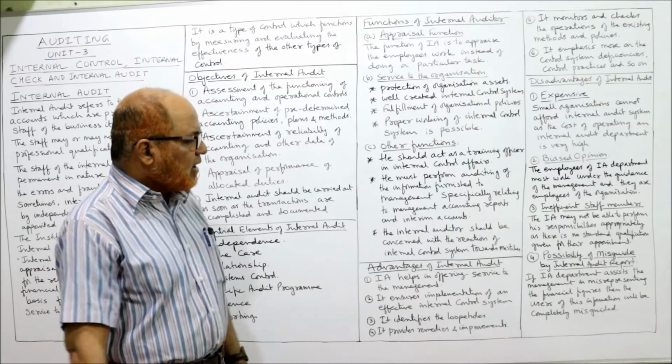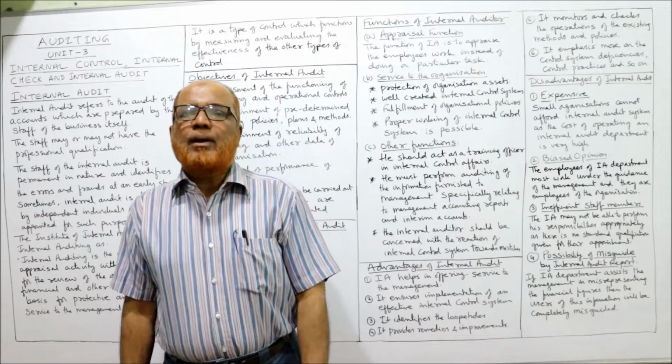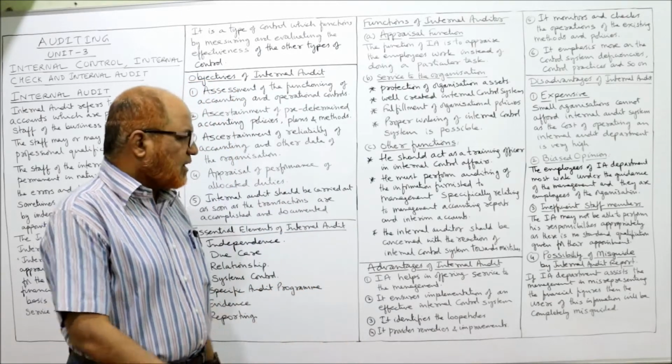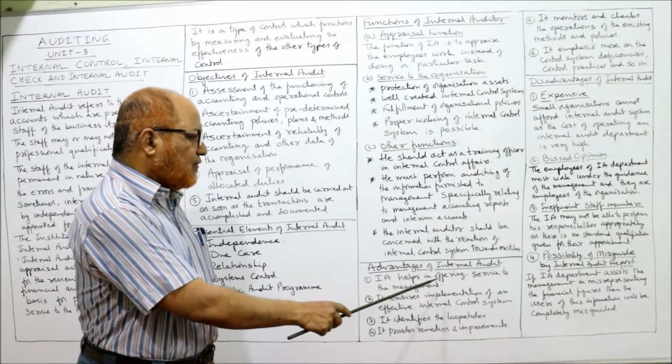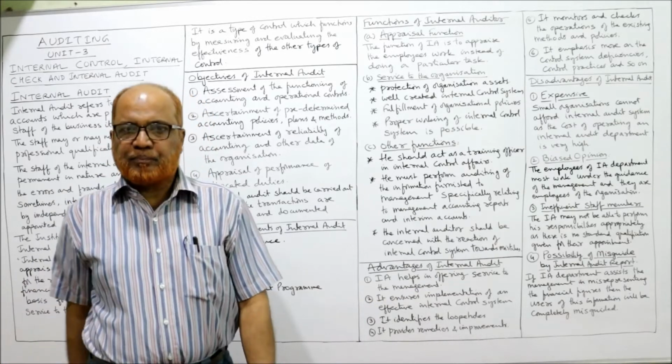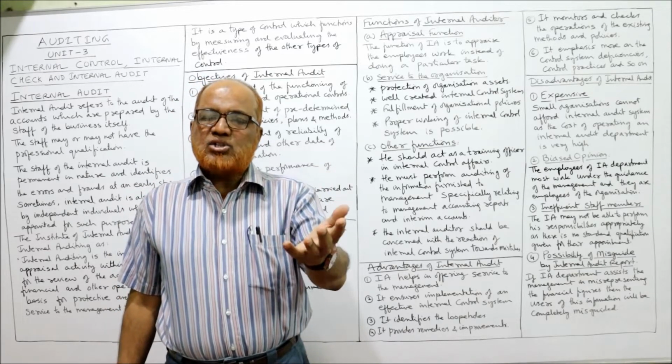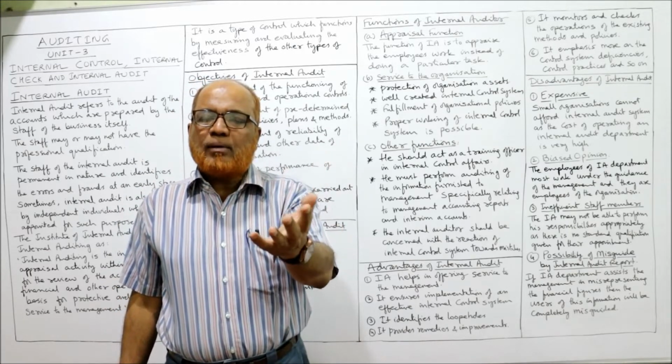Now next thing is advantages of internal audit. There are many advantages of internal audit. The first advantage, internal audit helps in offering service to the management. The main job of the management is to take decisions, and decisions can be taken with the help of information.